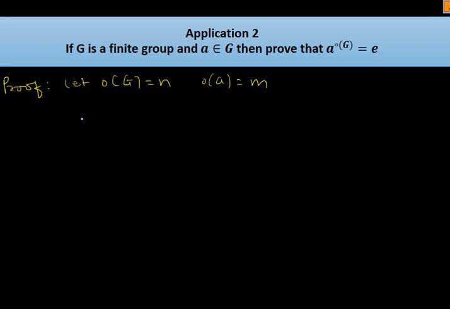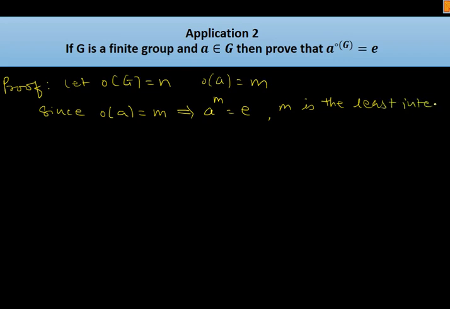Since the order of element a is equal to m, therefore a to the power m is equal to e by the definition of order of an element, where m is the smallest or least integer. Let me call this expression equation number 1.